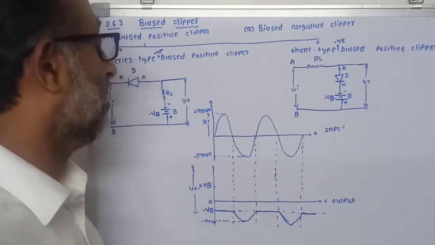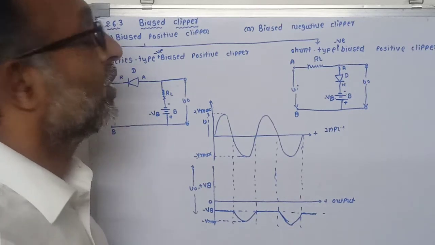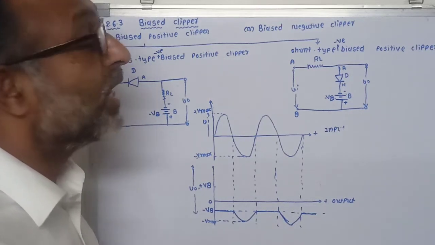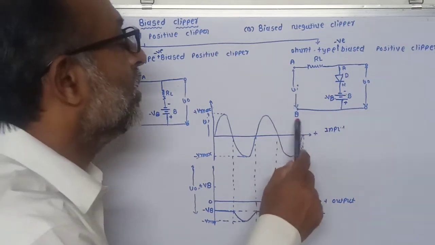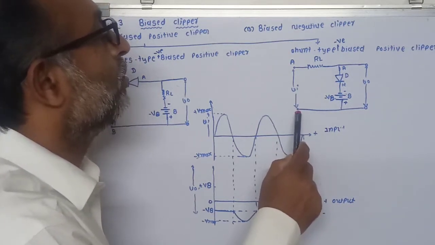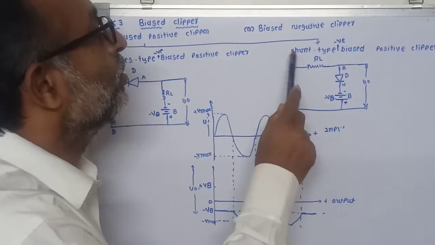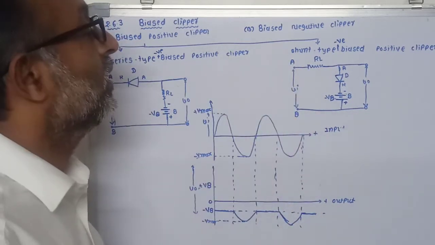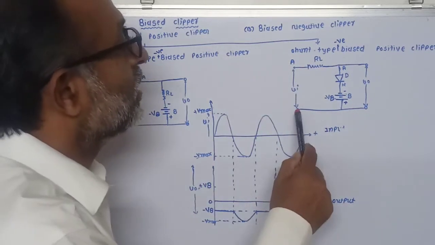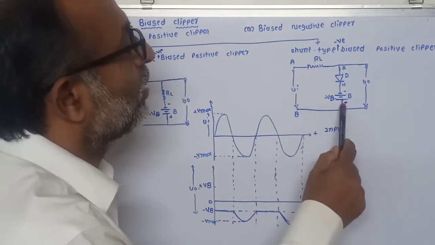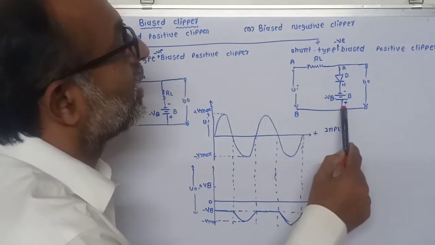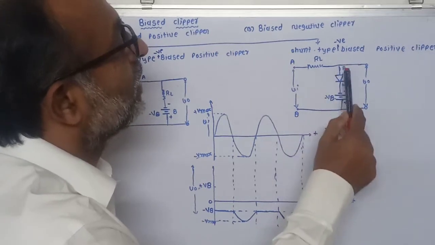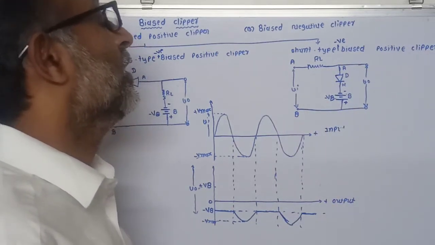Now during the negative half cycle of the input signal, terminal B becomes positive compared to terminal A. So due to this input voltage, B is connected to the cathode and A is connected to the anode of the diode.